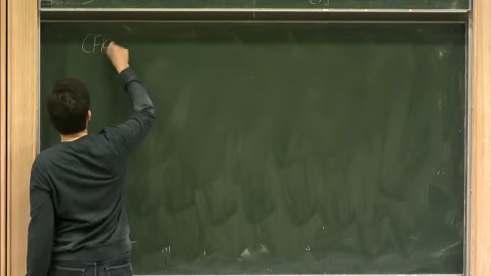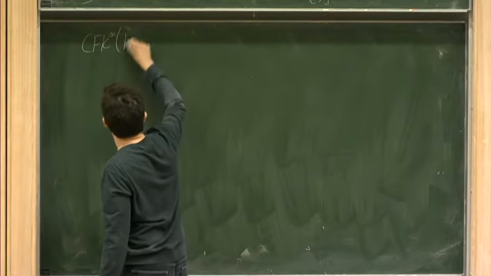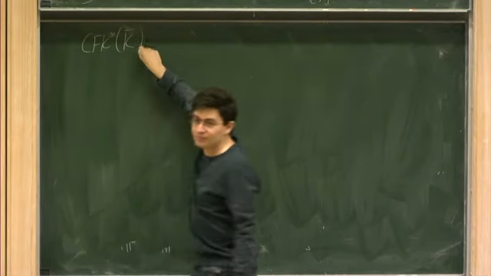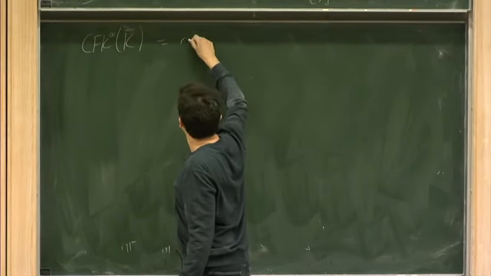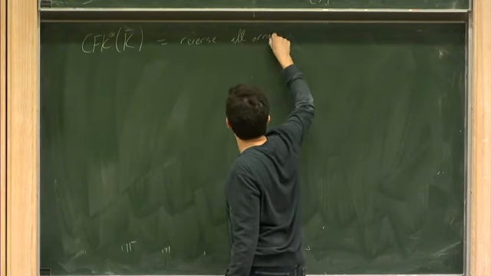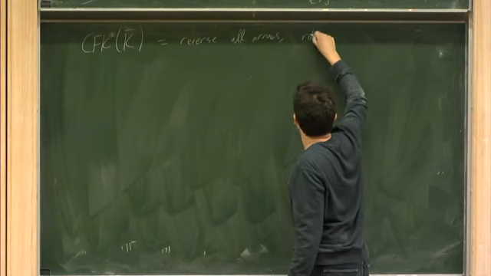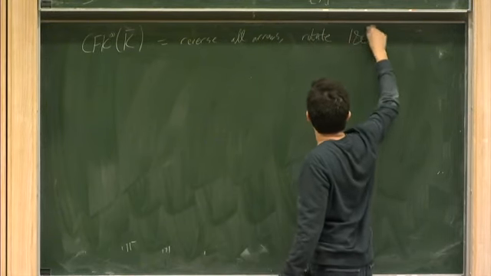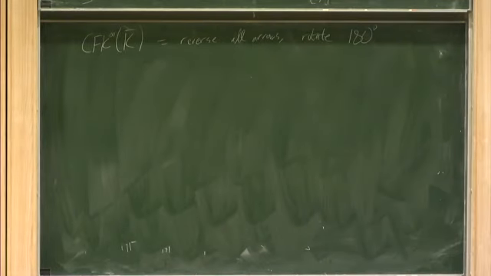It's going to turn out that if you want to mirror a knot, just reverse all the arrows in this diagram. So CFK infinity of K mirror is going to be: reverse all arrows, excuse me, and rotate by 180 degrees. So stand on your head.